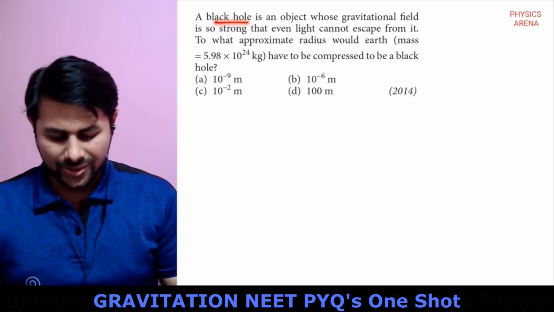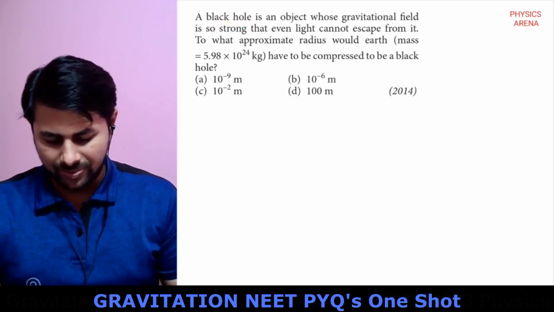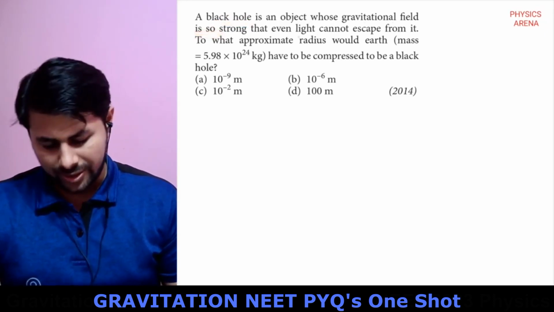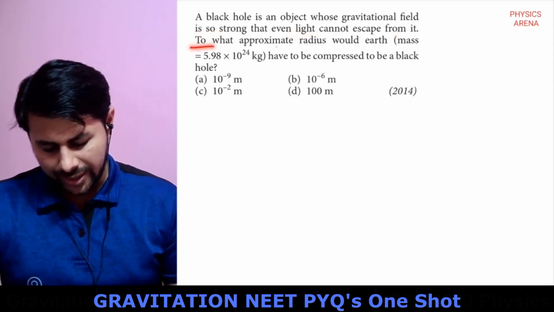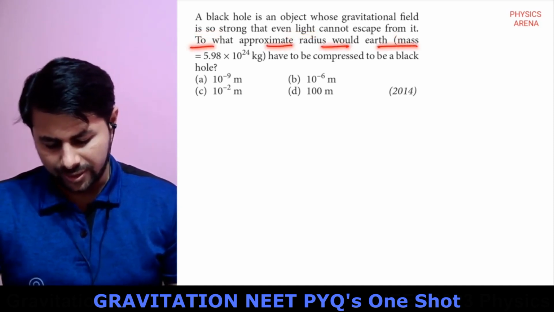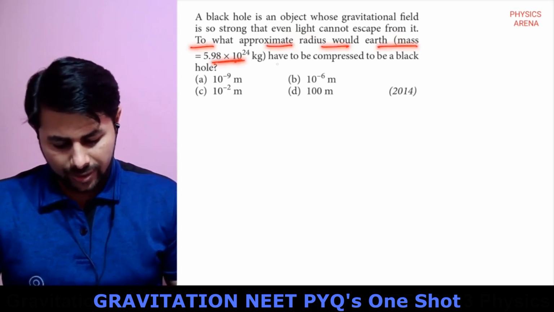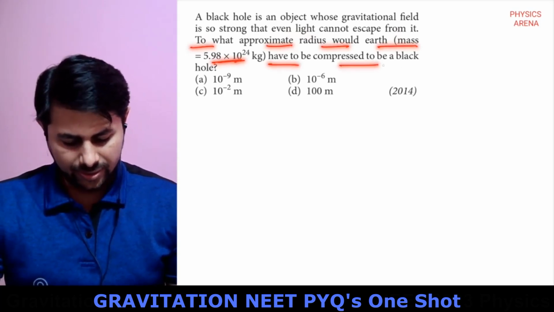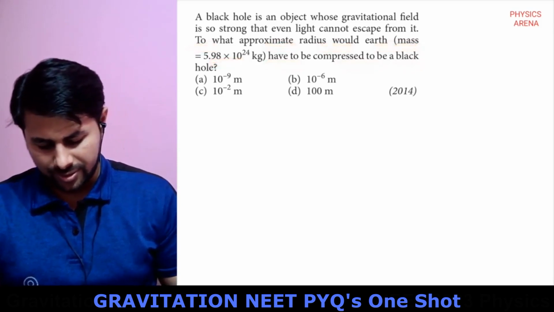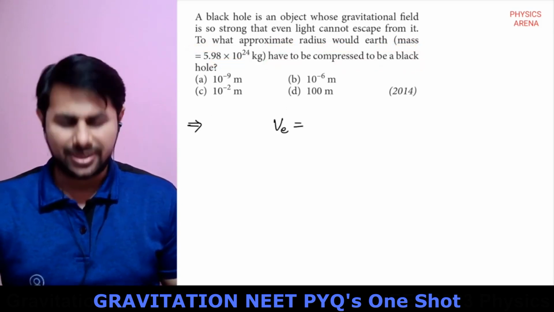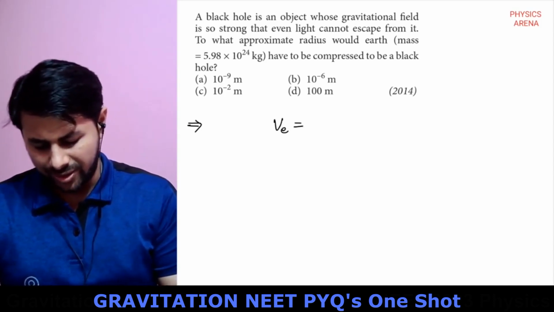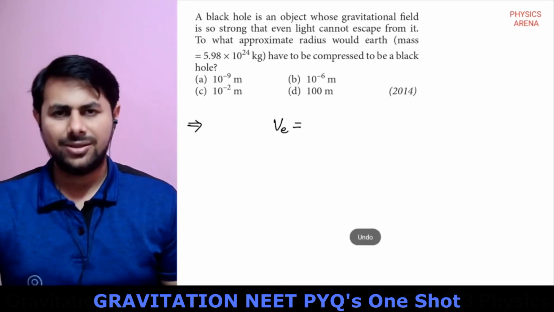A black hole is an object whose gravitational field is so strong that even light cannot escape from it. To what approximate radius would the Earth have to be compressed to become a black hole? If Earth becomes a black hole, that means the escape velocity is equal to the velocity of light.